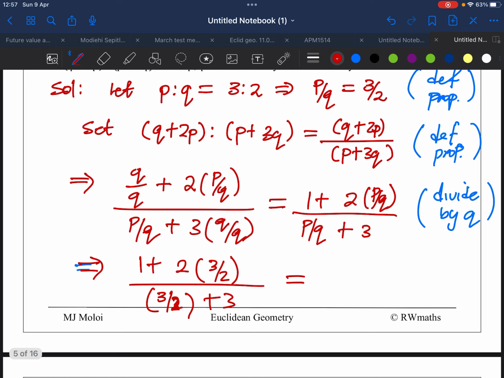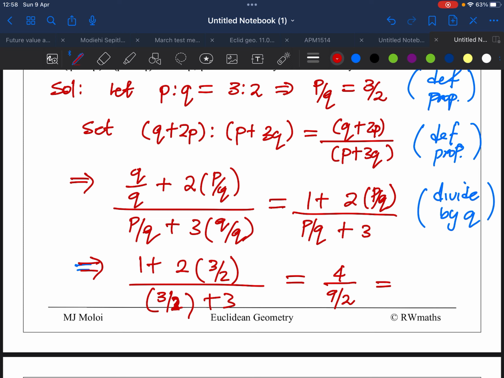Let us confirm with our calculator. We see that 1 plus 2 into 3 over 2, we have 4. Then your denominator will be 3 over 2 plus 3, which is just 9 over 2.